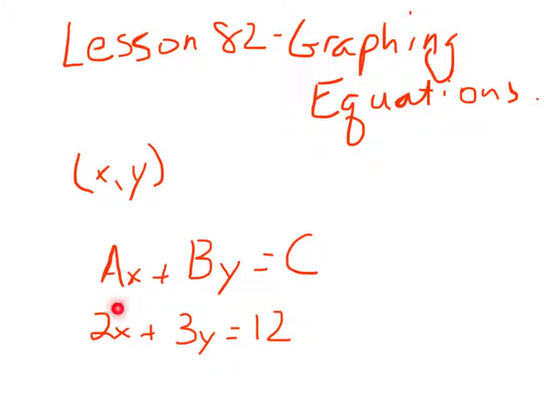The way that we do that is we're going to put zeros on one side. So we'll show that here. Again, if we have 2x plus 3y equals 12, the first thing I'm going to do is say x equals 0, and that way I can figure out y.